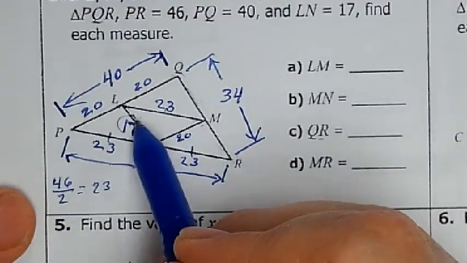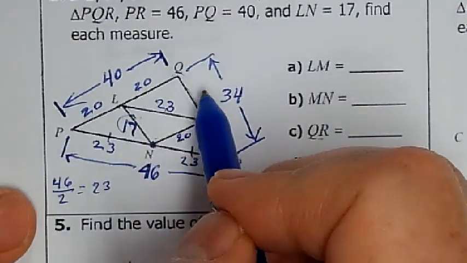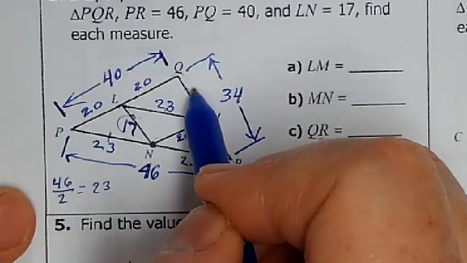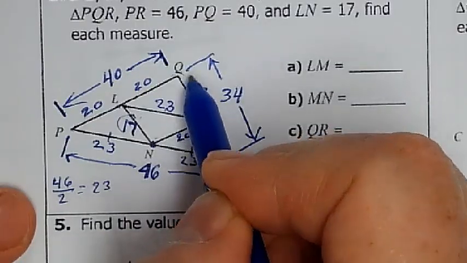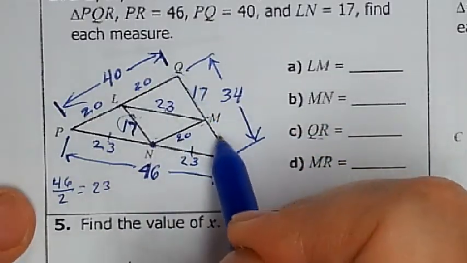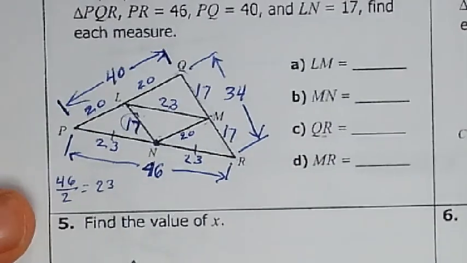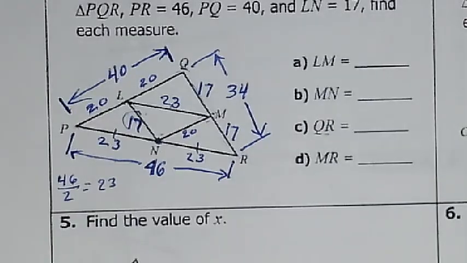Oh, and by the way, M is the midpoint, so guess what? QM is 17, and so is MR. That's about all the information we could generate. And that's enough to answer the questions. What's the distance from L to M?